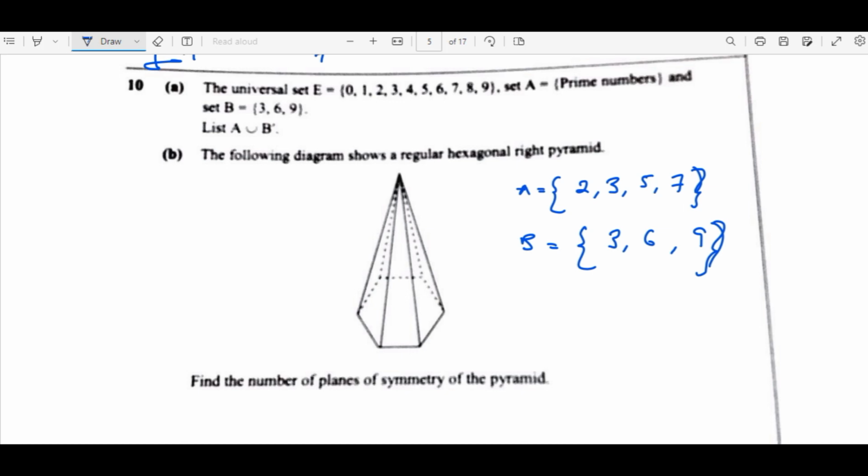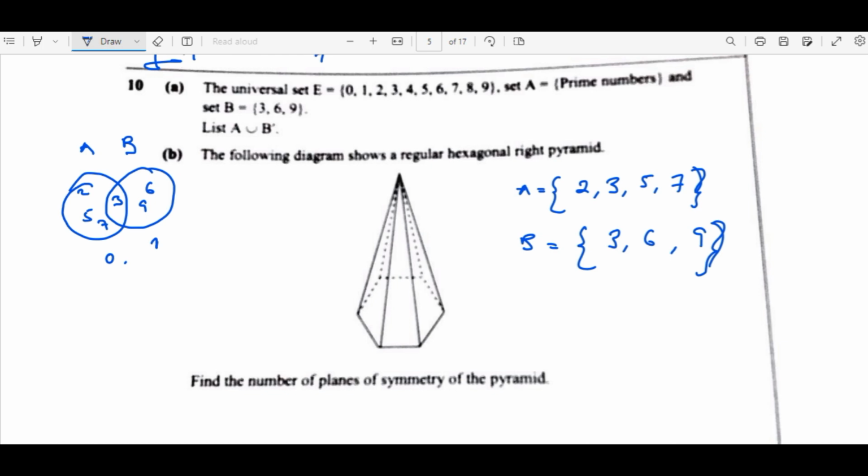Now, when you look at the two sets given, A and B, the elements you can find in A are 2, then 3, which you can find in both A and B, then 5 and 7. In B, we are looking at 6 and 9. Then the numbers that are not part of sets A and B, let us identify: 0, and then 1.